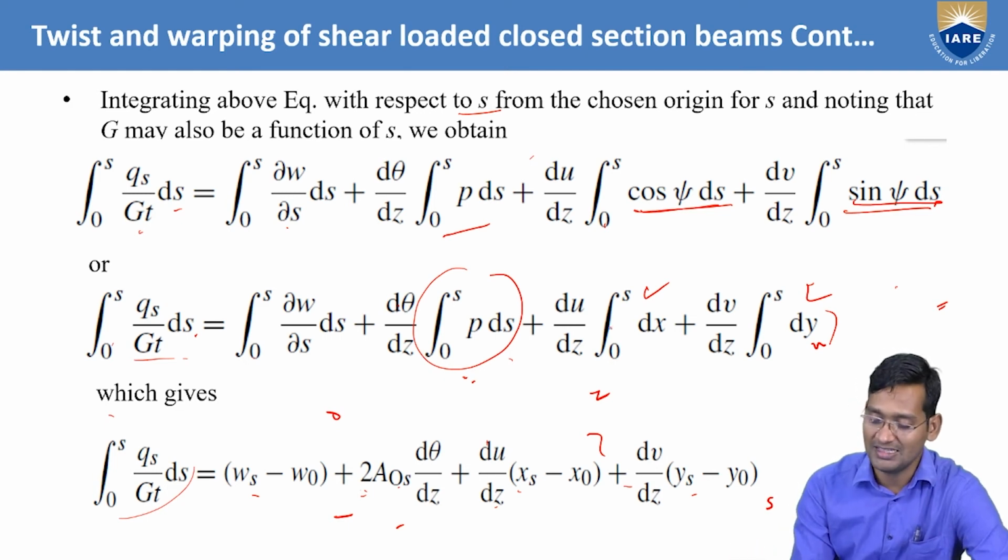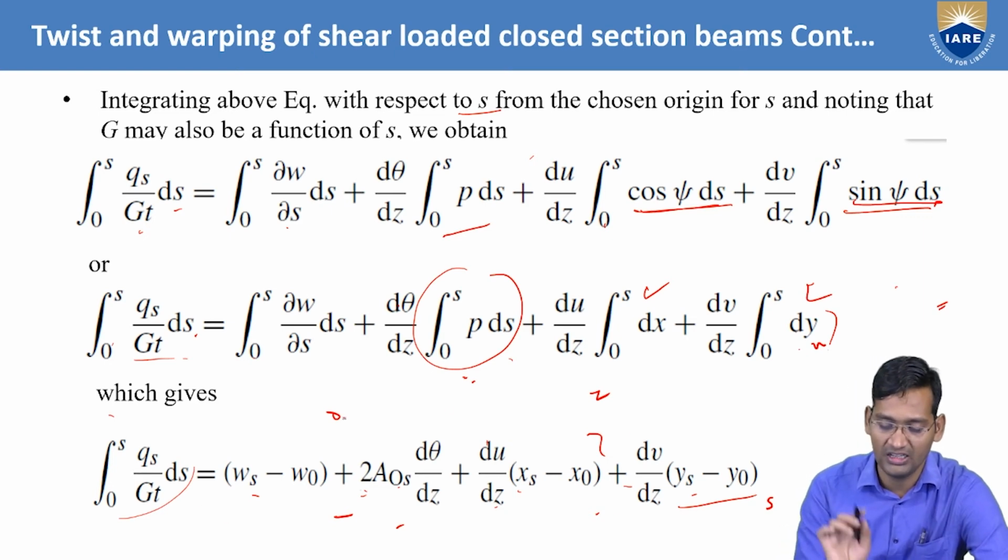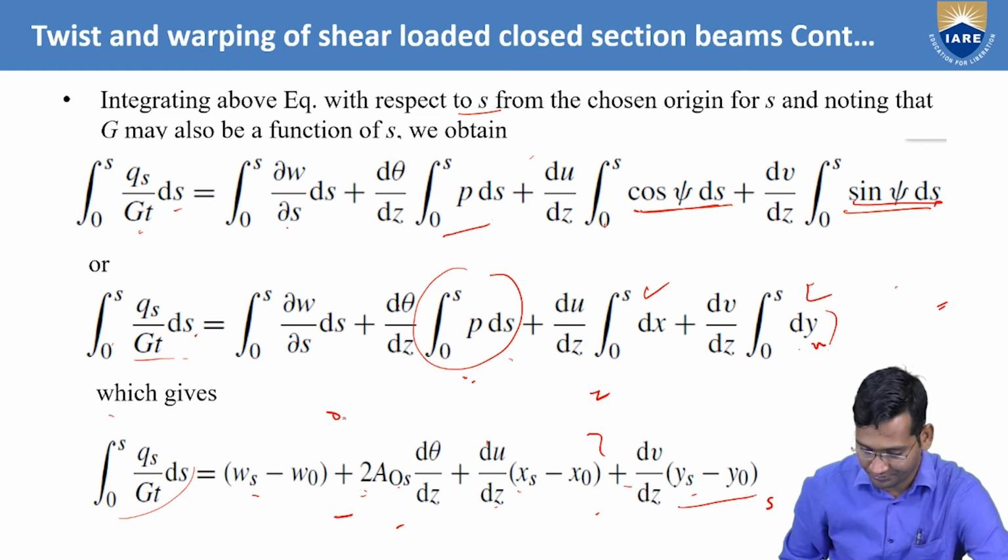Plus du by dz is constant, integration of dx is x, so after substituting the limit, xs minus x naught. Plus dv by dz is constant, and integration of dy is y, so dv by dz into ys minus y naught. So this is our integration.